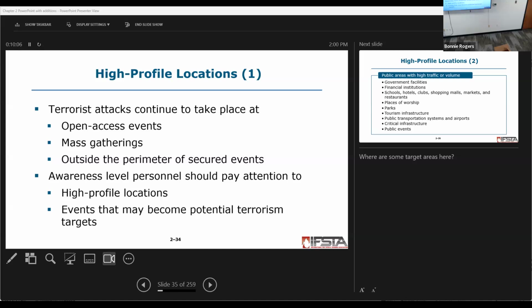I was just going to say, do you guys remember 9/11, but probably most of you don't. What areas did they hit? The Pentagon, and the White House, and the World Trade Center.